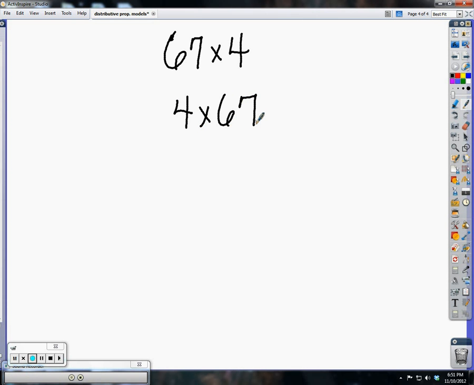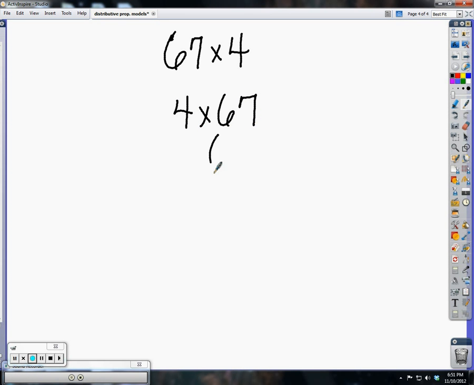If you had 67 multiplied by 4, and let's say once again you were having trouble with the traditional algorithm, some people would find it easier to use our commutative property and just switch the order of the factors 67 and 4 and rewrite that as 4 times 67.